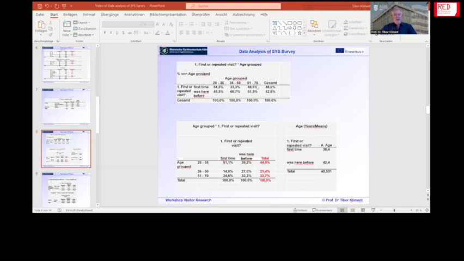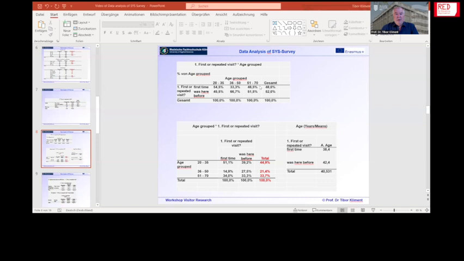So what we see here is then among the people between 20 and 35, what is the share of first time, what's the share of regular visitors? These two figures always add up to 100%. So every column, values in every column add up to 100%.